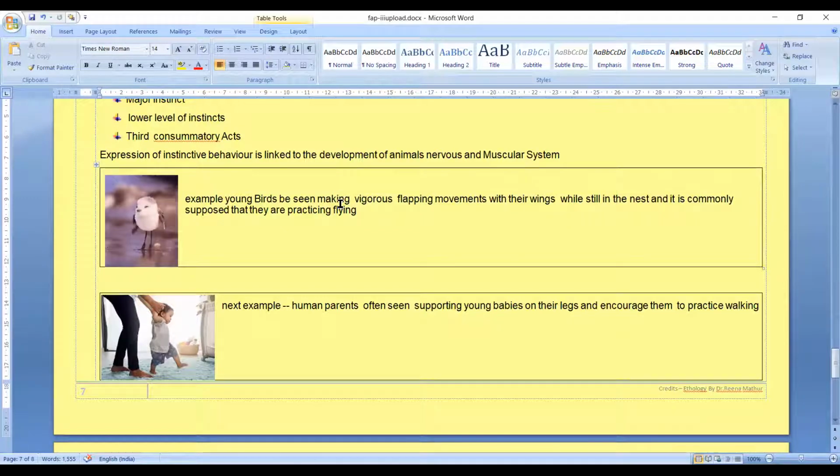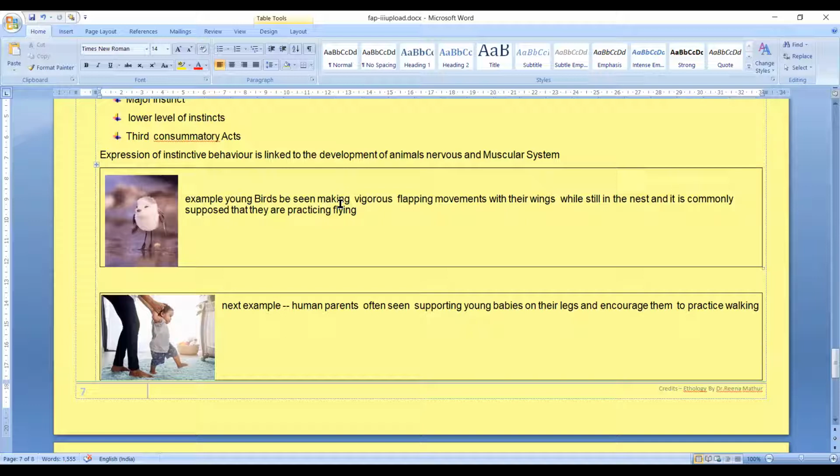They are not flying, but they are flapping their wings while still in the nest. And it is commonly supposed that they are practicing flying. That is, the nervous and muscular connections are being built up.